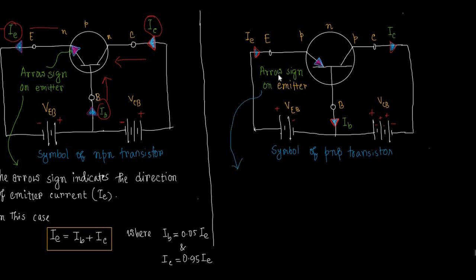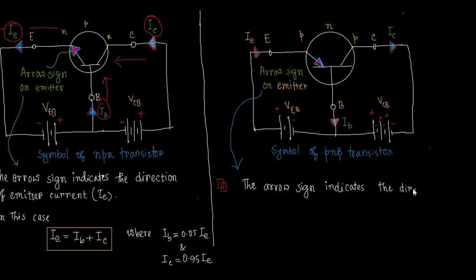And this arrow sign on the emitter indicates the direction of emitter current IE.